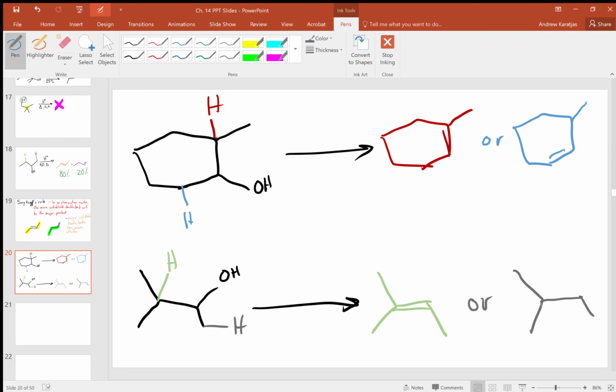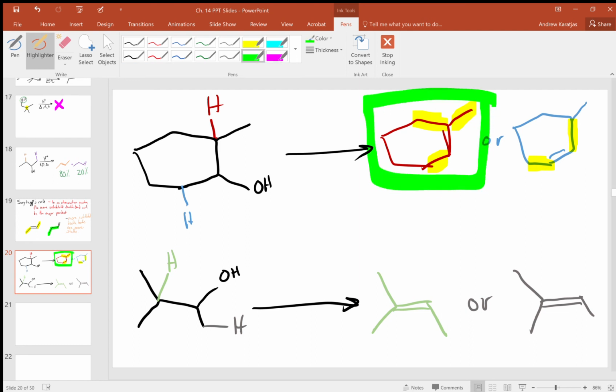Which one is favored? Well, in the top case, you can see that this structure on the left, the double bond has 3 different groups coming off of it, whereas the one on the right only has 2 different groups. So this would be our preferred product.